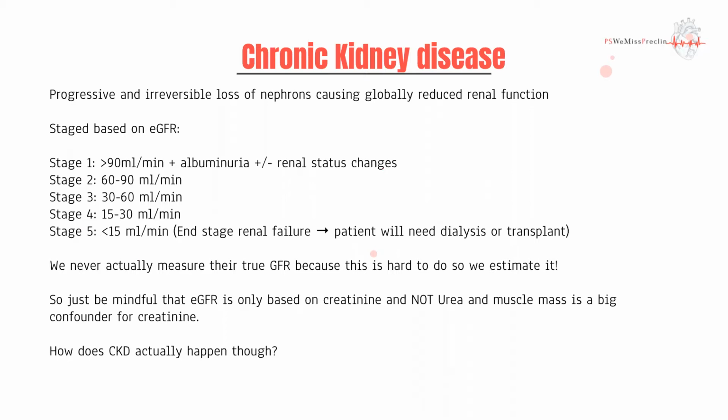Stage 2 is 60 to 90, then 30 to 60, 15 to 30, and then less than 15 will constitute stage 5 or end-stage renal failure. Now, I mentioned that patients mostly need dialysis or transplants when they come to stage 5.